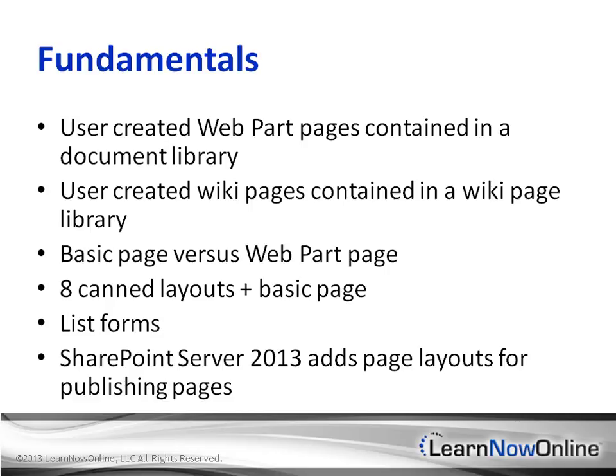Publishing gives you a lot more flexibility than just a regular team site. Publishing is true web content management, where it's more like public-facing websites or maybe an intranet scenario, whereas a team site is more for internal usage. There's a lot more functionality in the publishing pages for adding workflows to approve the content of a page, that type of thing.